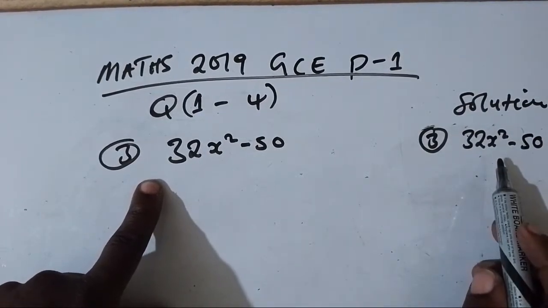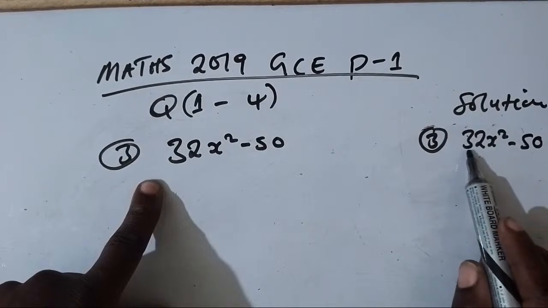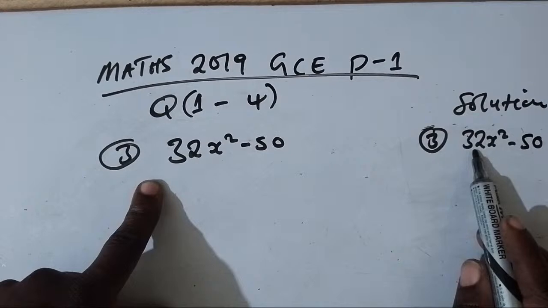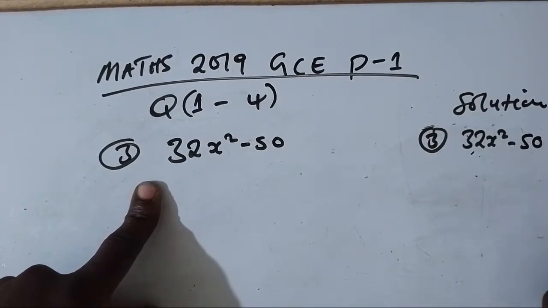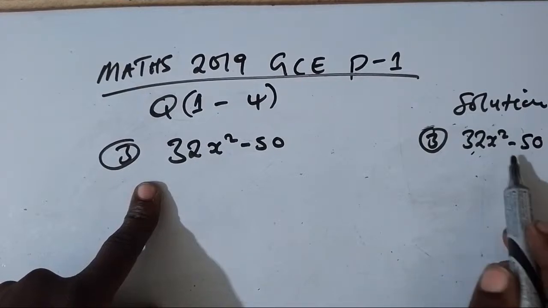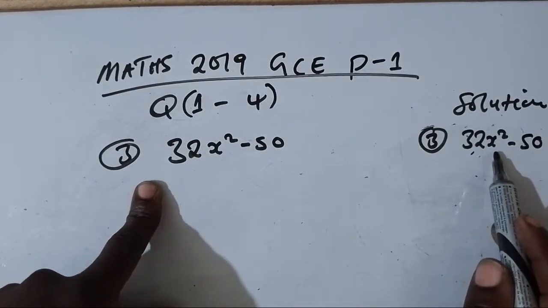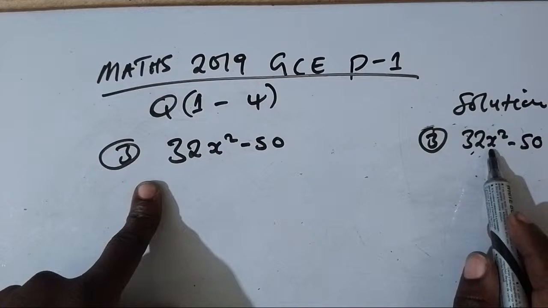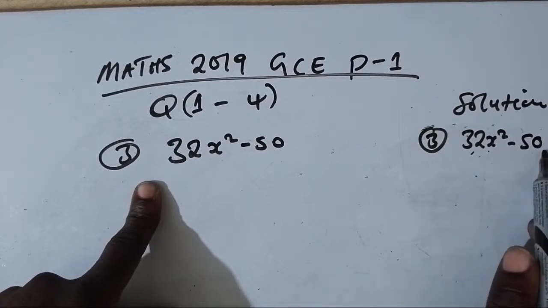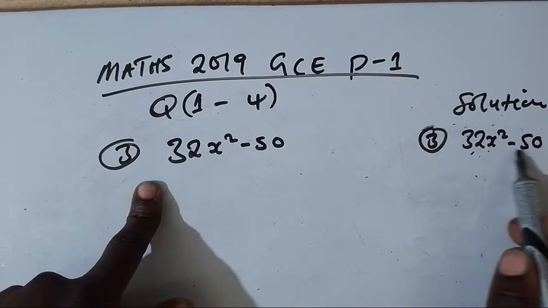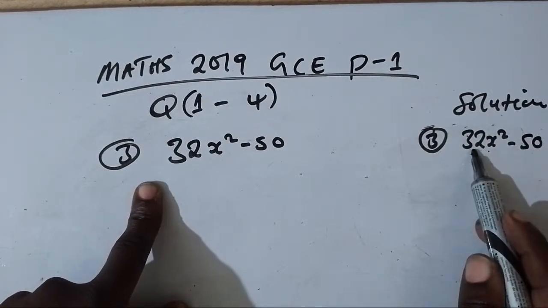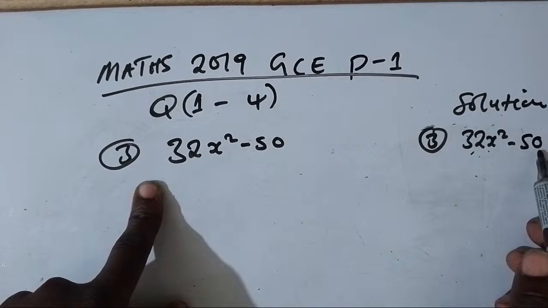So here what you have to look at, first we have to look for a number which can go into 32 and 50 without leaving any remainder, and secondly we go to our variables. Here we have a variable, here we don't have. So what is common is only the numbers which can go into the 32 and the 50.